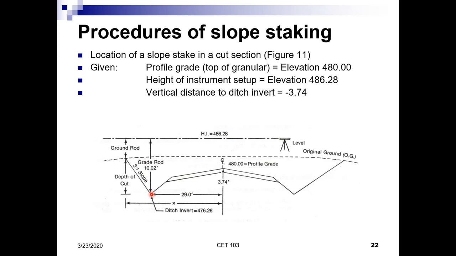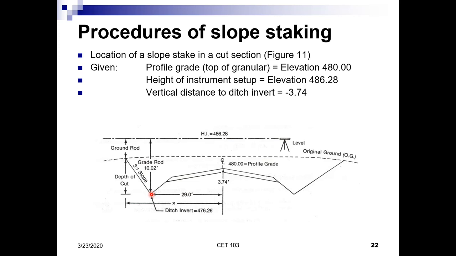Now, I don't expect that to happen in the field because we know we have to cut down to the section. But I am going to start out by saying, in this situation, we've sent our rod person to the left of construction. The first thing we're going to do is find the depth of the cut, using the equation that's shown there.